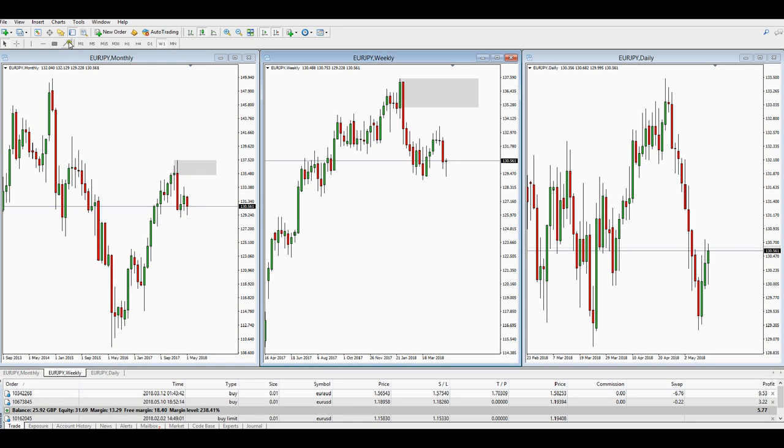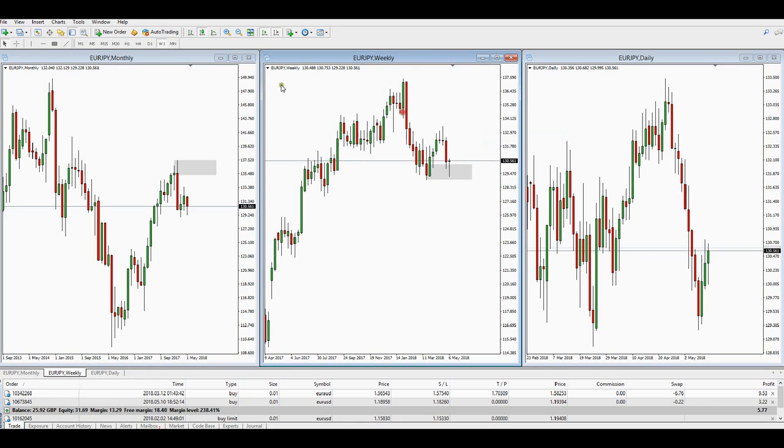Having said that, we have got this area of demand on the weekly, and we've not really got a close above, but this is almost causing a potential range in this area, the potential start of a range.